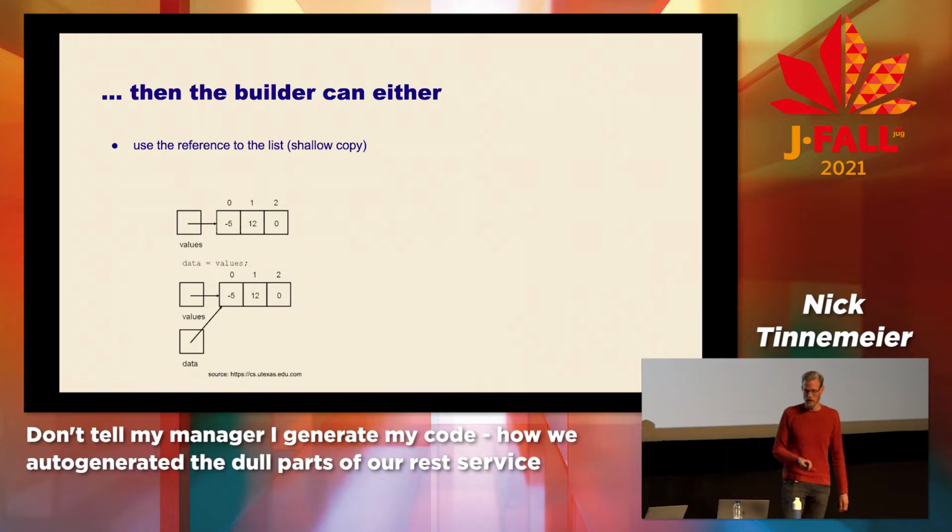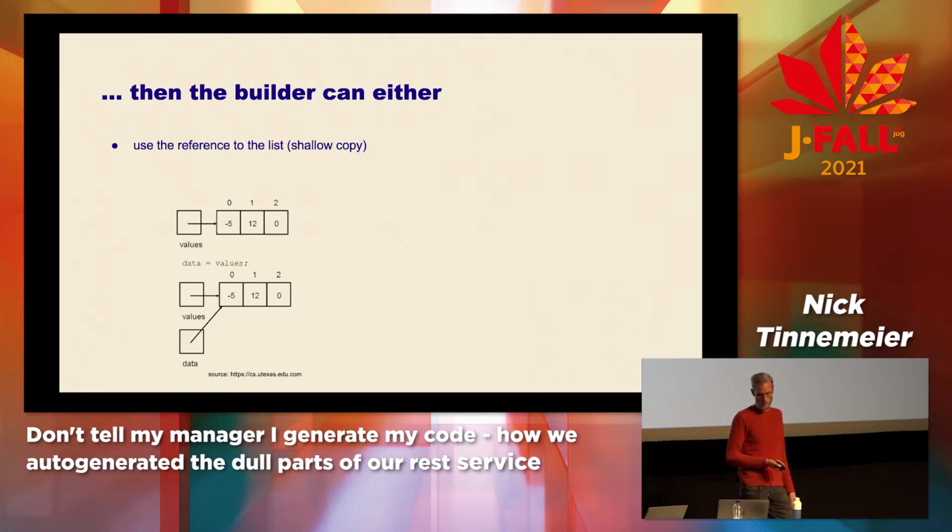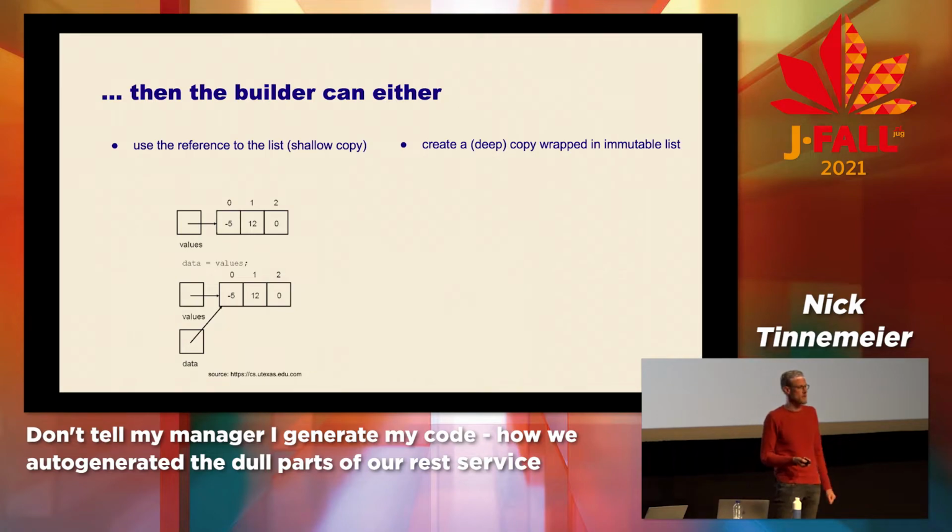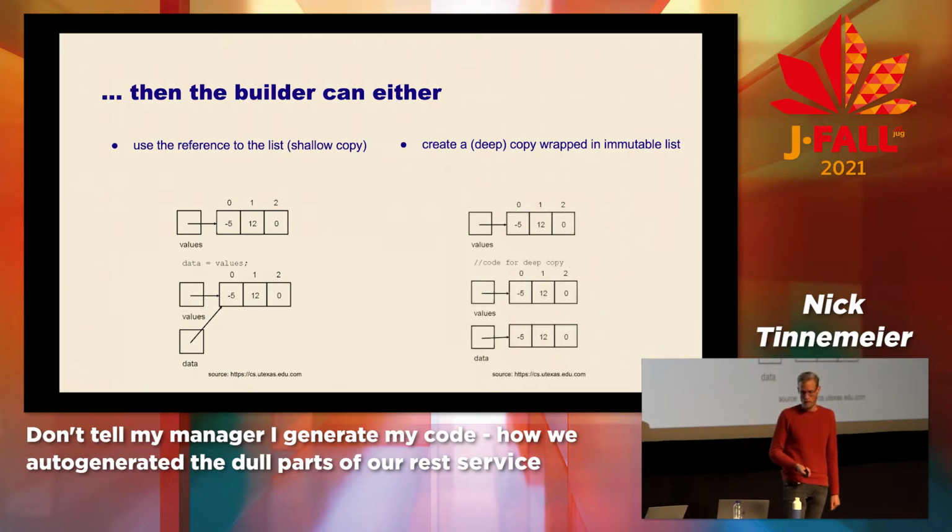Here we have a variable referencing an array, called values. Now we assign values to another variable, data. So values and data will both point to the same array or list. Or the builder, as a second option, can create a deep copy that's wrapped in an immutable list. Like this. Here it copies it and has its own private immutable instance of the list.